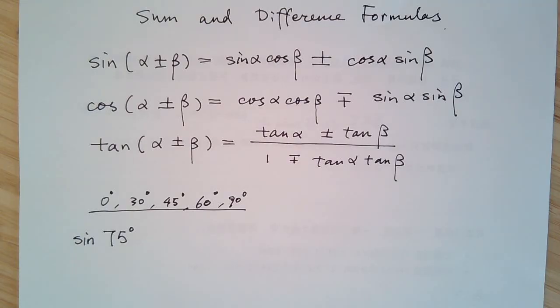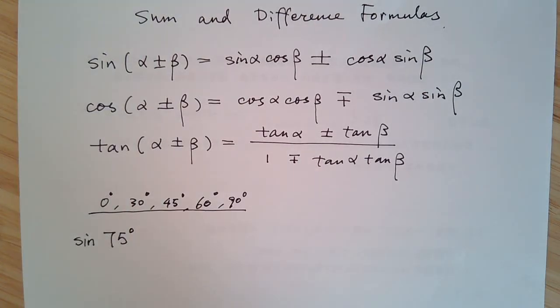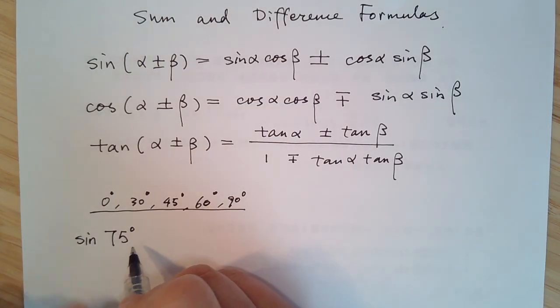You can use the calculator to find the value of sine 75 degree, but the number you get is not the exact value, because after the decimal point there's an unlimited number of digits. So how do you find that?